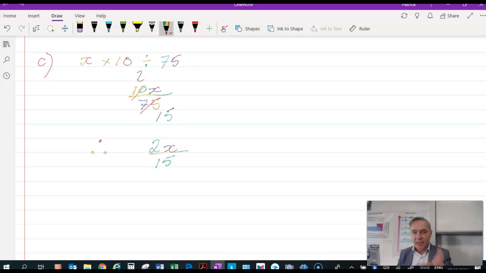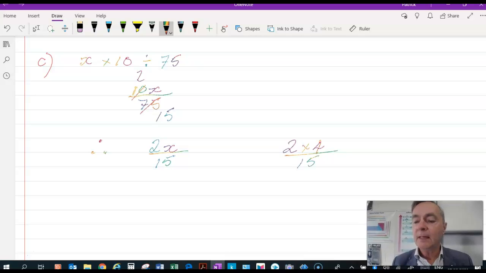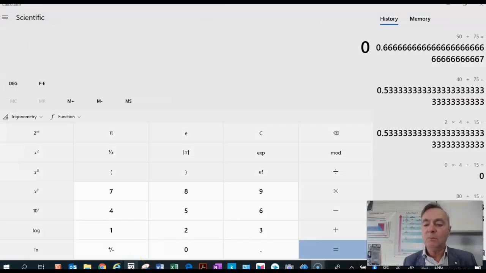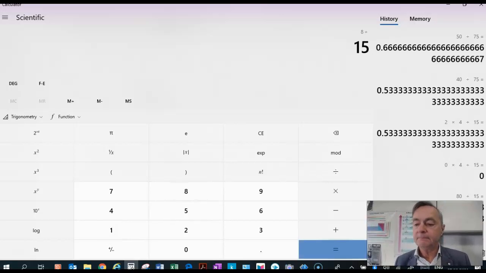We need to just check our answer to make sure that we're right. So let's go to the first week, which was $4. 2 times 4, and that's over 15. And that becomes 8 over 15. And if you want to be accurate, we can go here and we go 8 divided by 15.